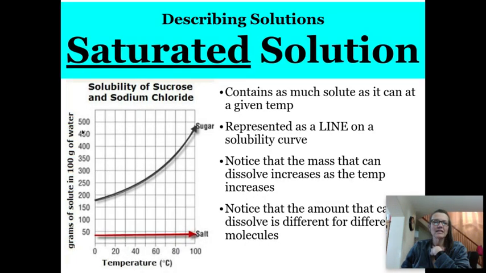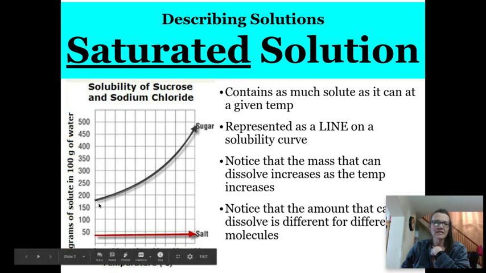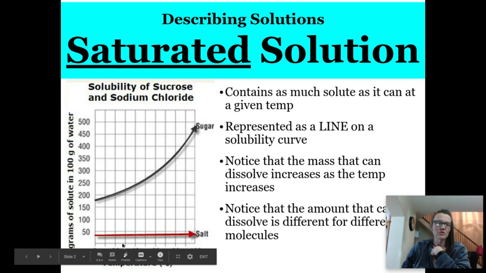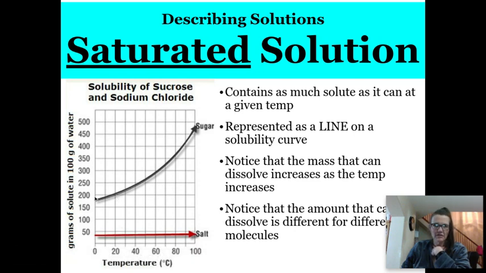On a chart like this, the saturated solution is the curve, so anything on this curve is considered saturated. For example, if I had water at 20 degrees Celsius, I would be able to get 200 grams of sugar into that solution.